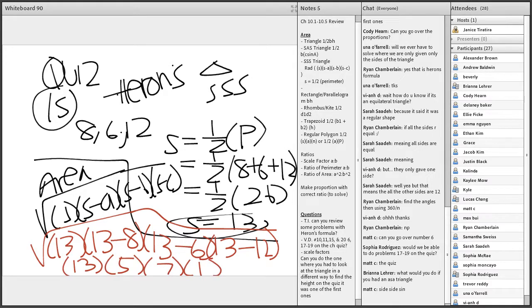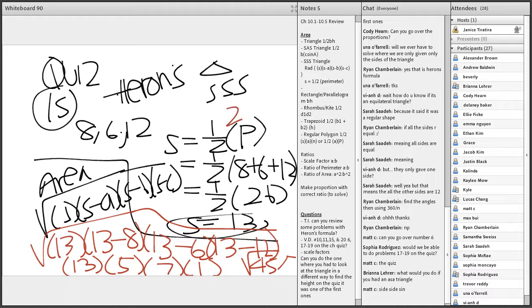Good question. All right, so 7 times 5 times 7. Wait, 13 times 5 times 7 is 455. And I know on the quiz, it asked us to round to the nearest tenth. So in this case, we didn't have to leave it in rad form. So we would do square root of 455.